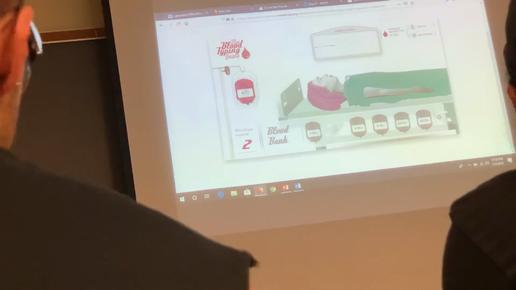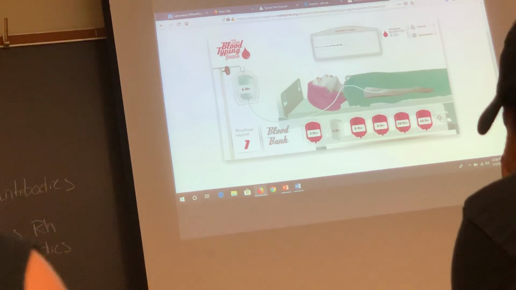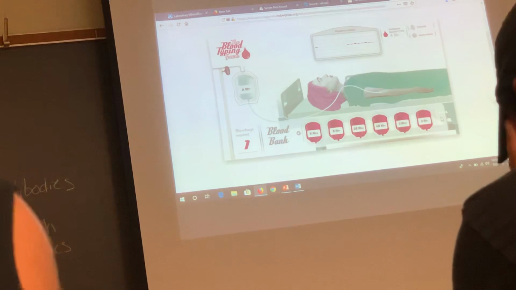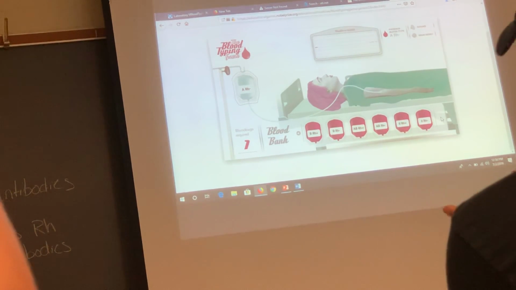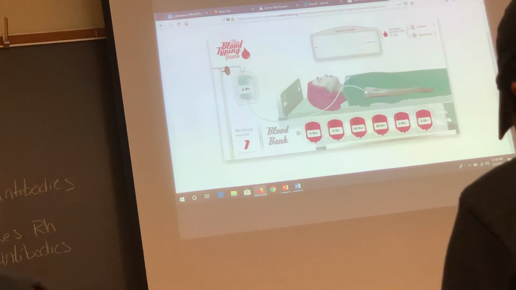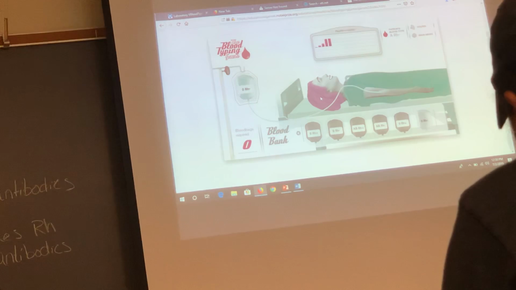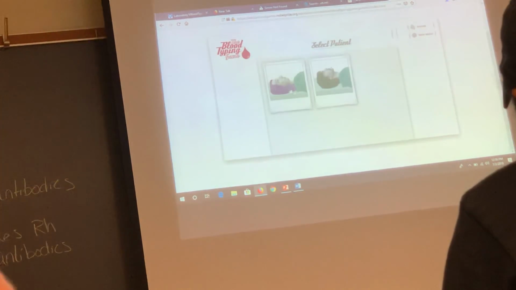But no positive, right? Right, because people who are Rh negative make antibodies against Rh. So if you gave somebody positive blood and they're Rh negative, they would go after that Rh. So it's gotta be A and O negative. Okay. Next patient.